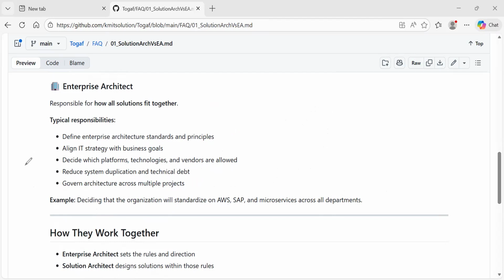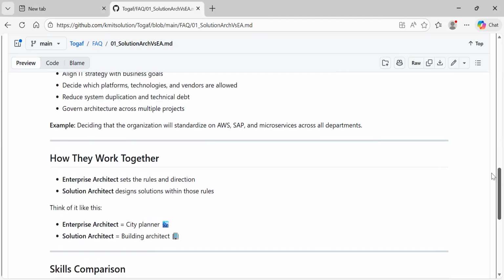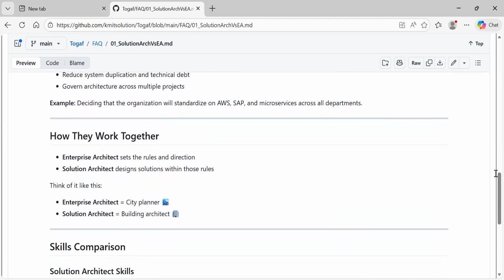Now, how do the solution architect and enterprise architect work together? The enterprise architect sets the rules and directions, whereas the solution architect defines the solution within those rules. So, for example, if there is a migration from an on-premises environment to a cloud-based environment, then the enterprise architect is going to design that, whereas the solution architect is working on that design to make that migration technically possible.